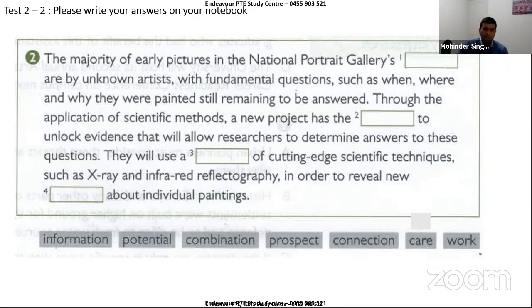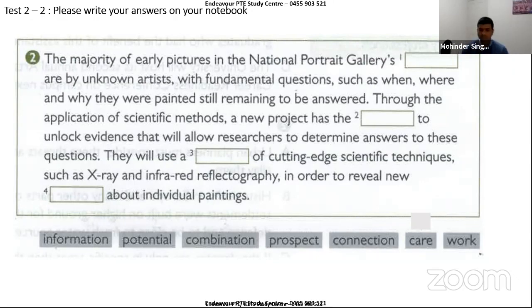Pooja, I'm going to start with you. What would you put in the first one? Work. Yep. By the way, for this blank, in my last 3 years teaching PTE, only 2 students have got it correct. So now everyone will doubt your answer.